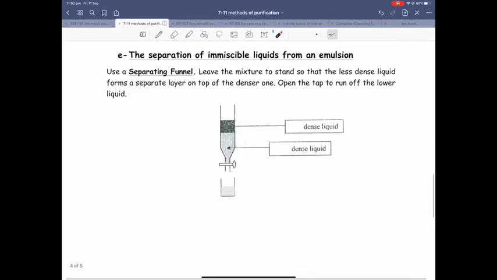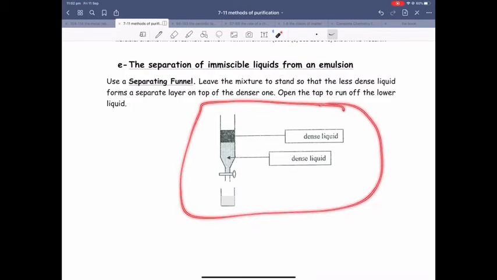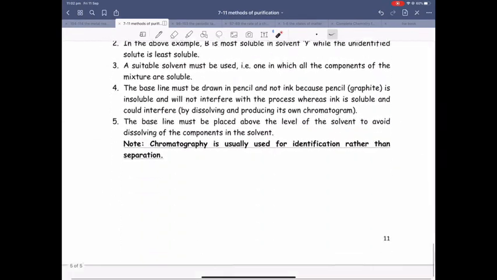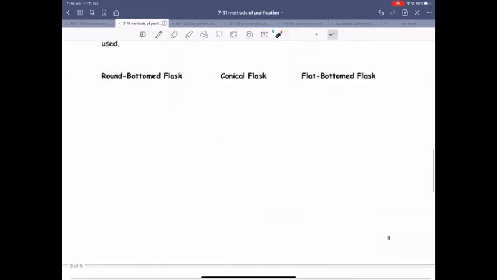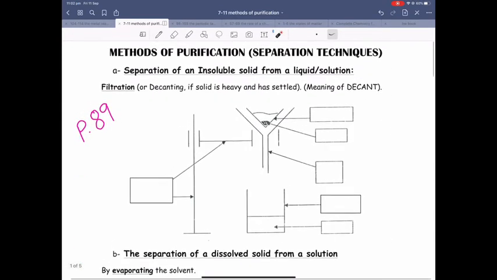And then you've got separating funnel for separating another type of mixture, and chromatography. And then there's one more which we're going to add at the bottom there, which we've already come across, but we'll deal with that later on. So let's go back to the first one, filtration.